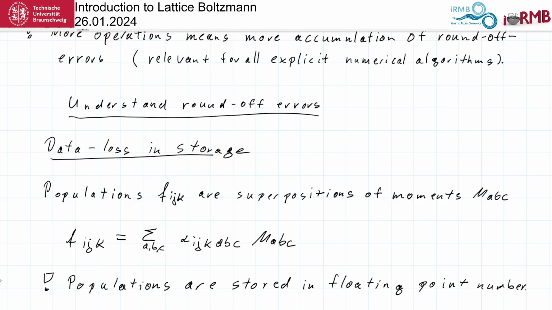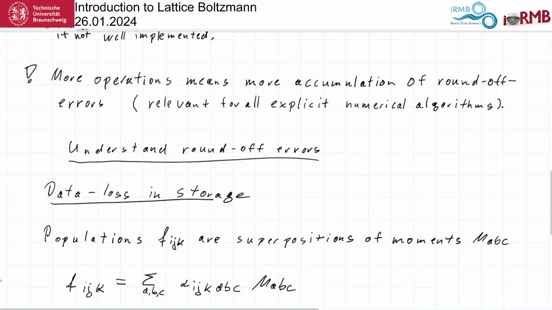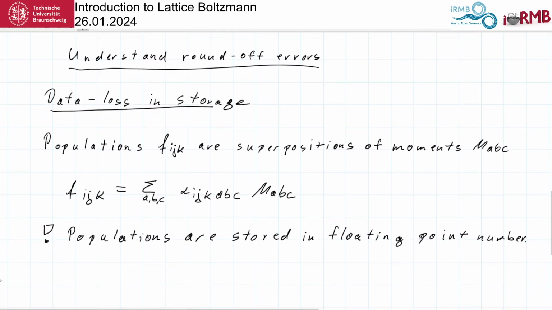So GPUs don't like it when you do your computation with double precision floating point numbers. They prefer single precision floating point numbers. Yeah? So then they are much, much, much faster. So this is the question, can we actually do this with single precision floating point numbers? It's of course always better to use double precision floating point numbers from an accuracy point of view.